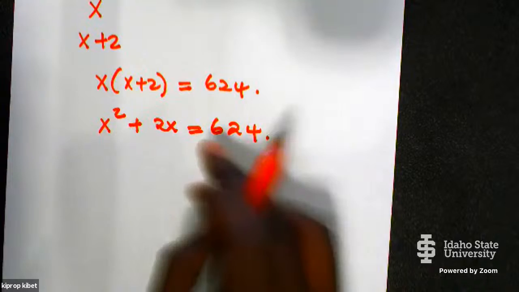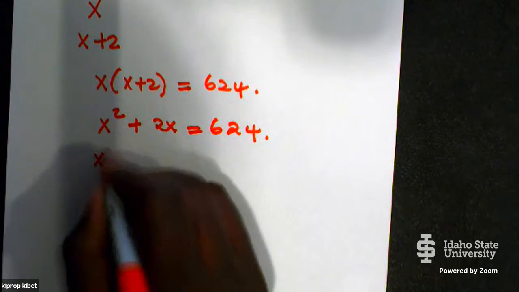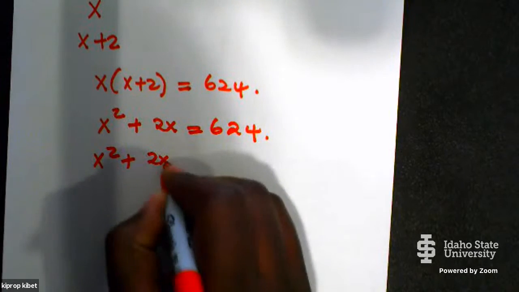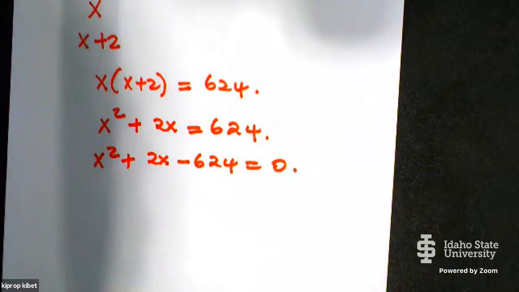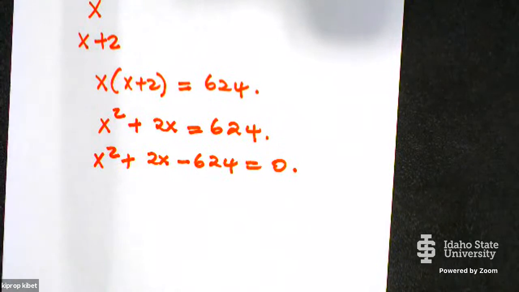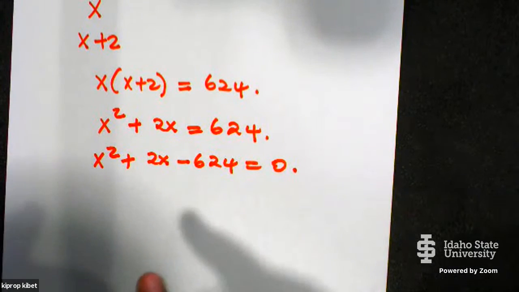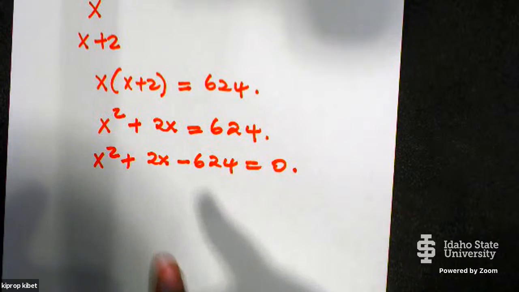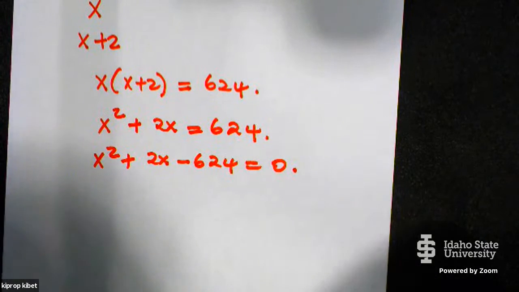So we can bring 624 to this side. So x squared plus 2x minus 624 equals 0. Now we can use the simplest method, which is the quadratic formula.